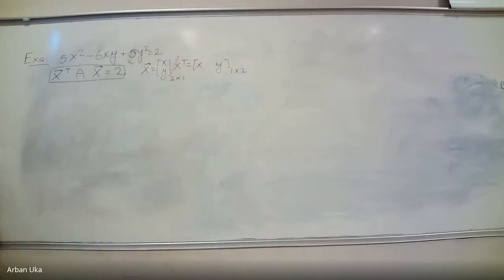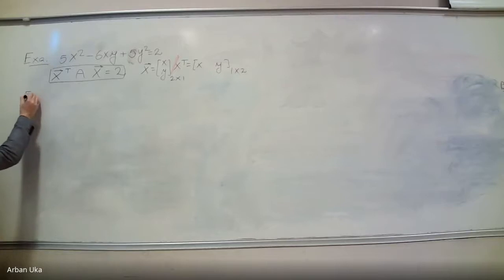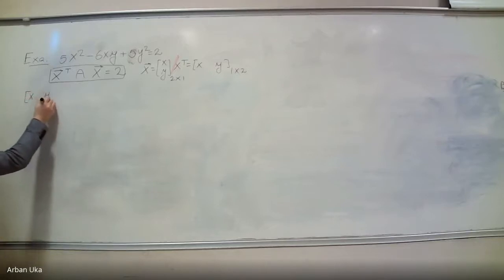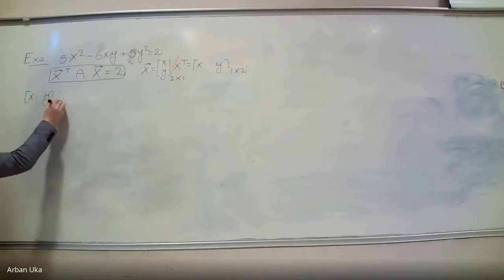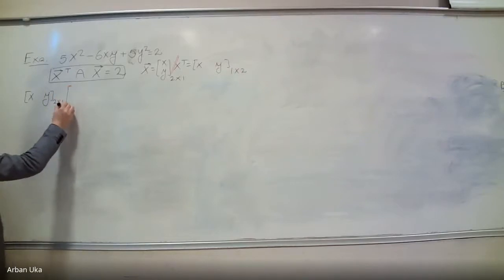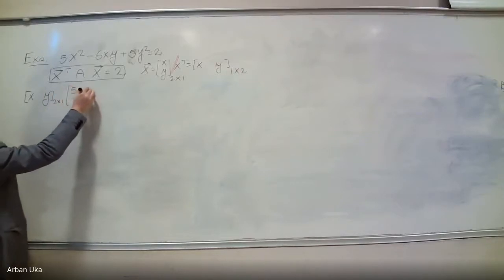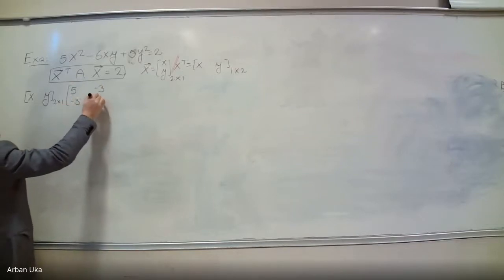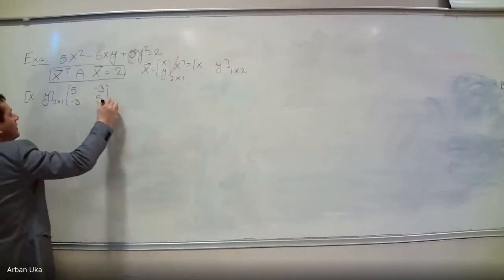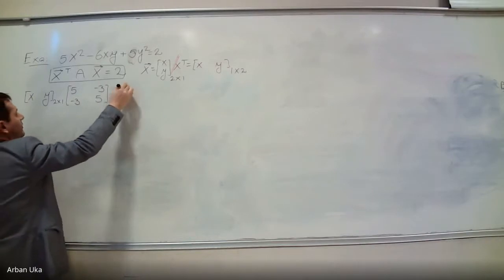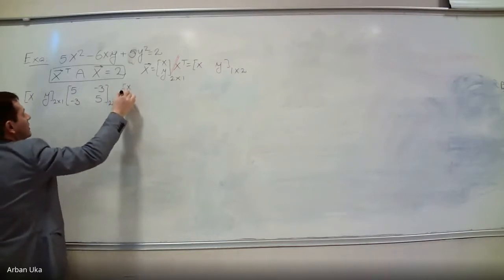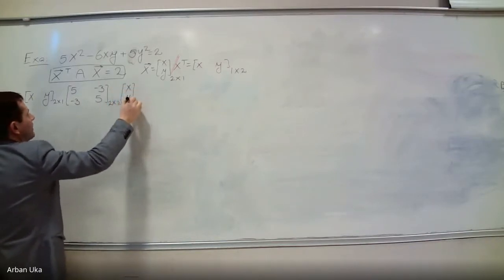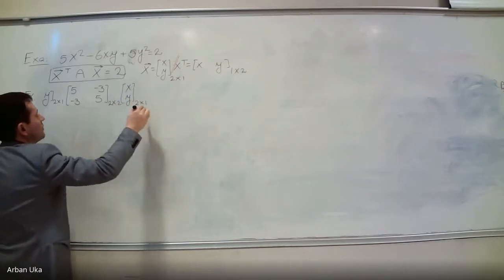And then let's see how we can write this. We can denote in this part that here we have x and y, which is a matrix 2 by 1, times a matrix which is 5, minus 3, minus 3, 5, which is 2 by 2, times the vector x and y, which is 2 by 1.